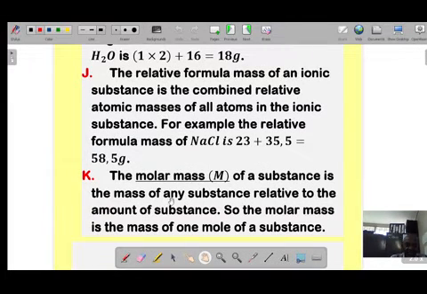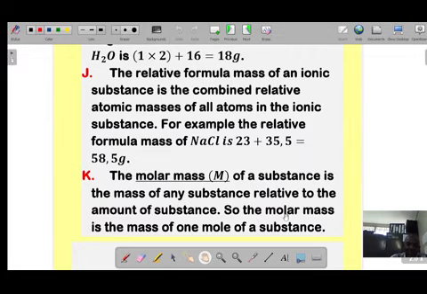Okay, let us proceed. Then the molar mass of a substance is the mass contained in 1 mole of that substance. So, let me say it again. The molar mass M of a substance is the mass contained in 1 mole of that substance.